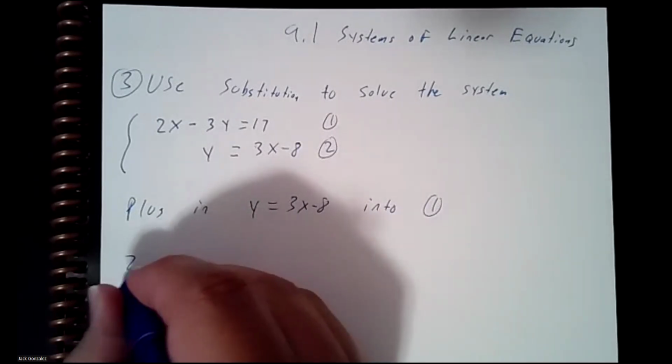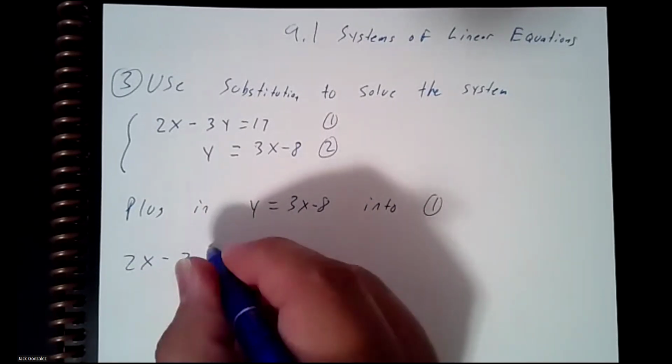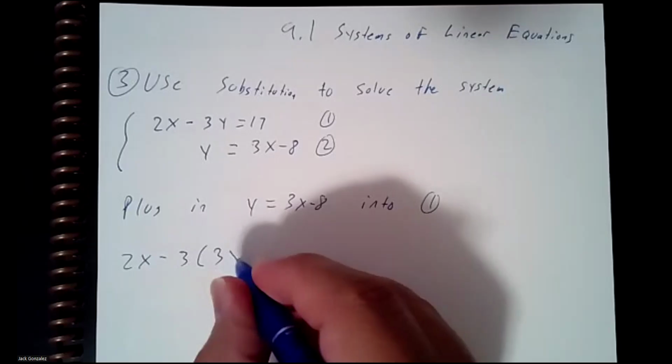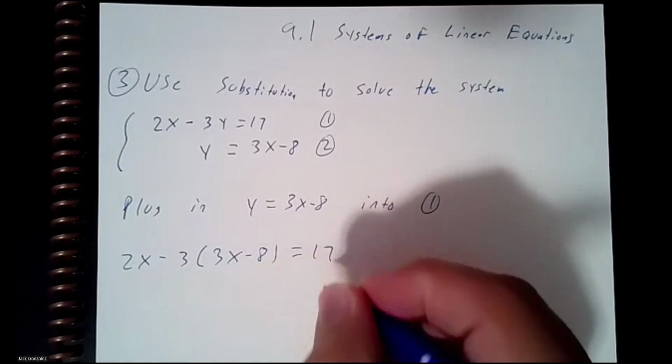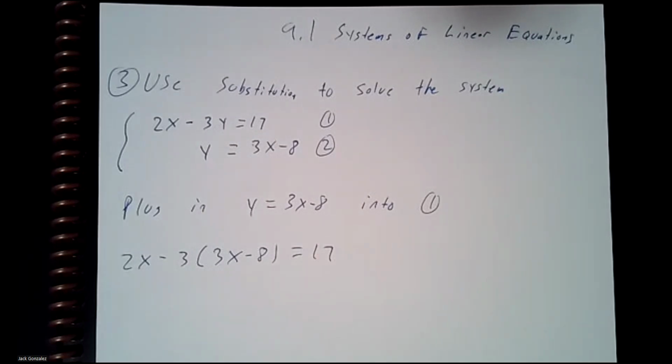So we're going to get 2x minus 3 times 3x minus 8 equals 17. Now notice everything's in terms of x. There's no more y's because I did the substitution. So now you can solve for x, and that will give you one of the points for the solution to the system.